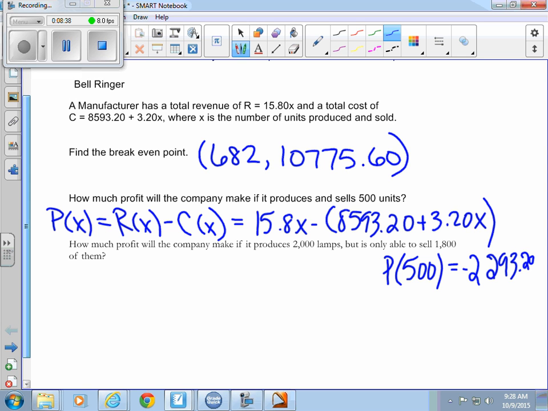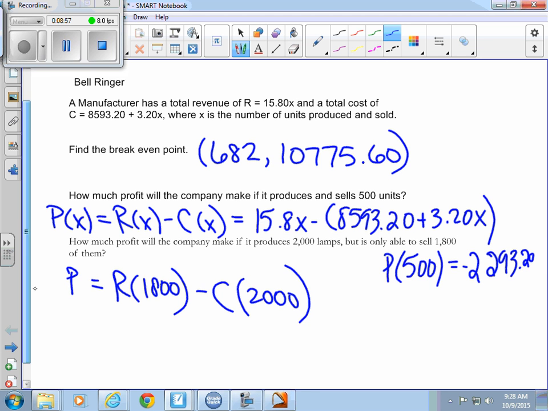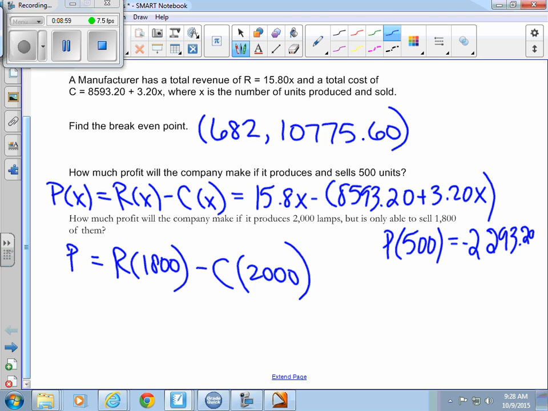I made 2,000 lamps. So my profit this time will be R of 1,800 because I only sell 1,800, but I have to pay for all 2,000, right? So I'm going to do R of 1,800 minus C of 2,000.